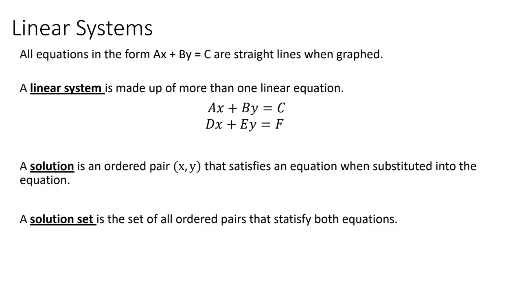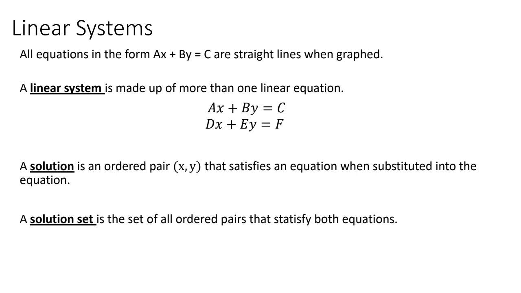So what is a linear system? A linear system is equations that are in this form: ax plus by is equal to c. If we were to draw these equations, we would see that we would be graphing lines. A linear system is made of more than one linear equation.